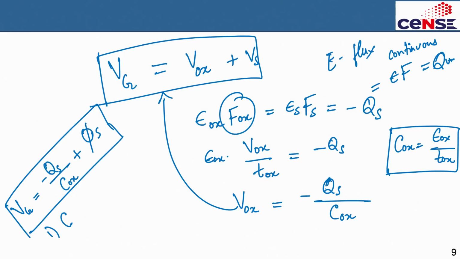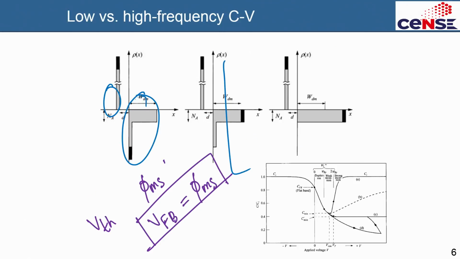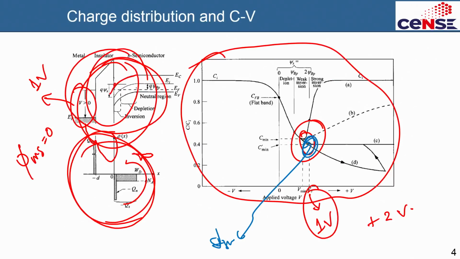So the total capacitance is QS divided by the incremental change in the gate voltage that you are applying, and what is the change in the charge in the semiconductor, that is the total capacitance. And I define something like a semiconductor capacitance, or you can call it depletion capacitance, because until the inversion forms there is a depletion region here. So there is a depletion capacitance, I call it, right.